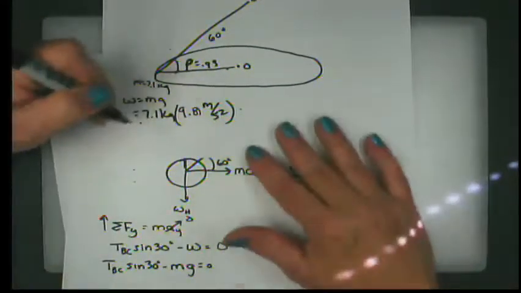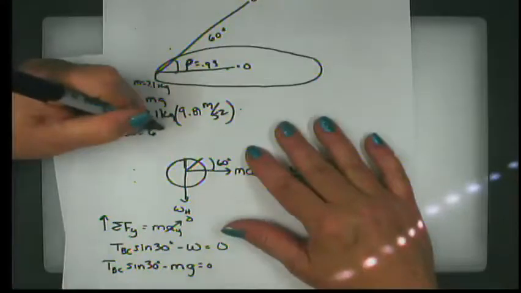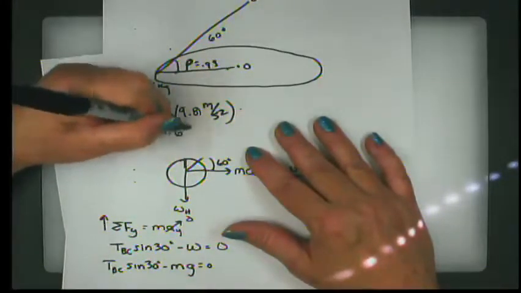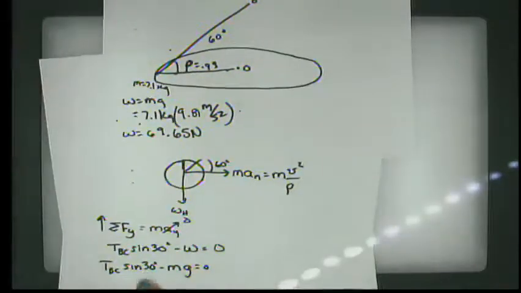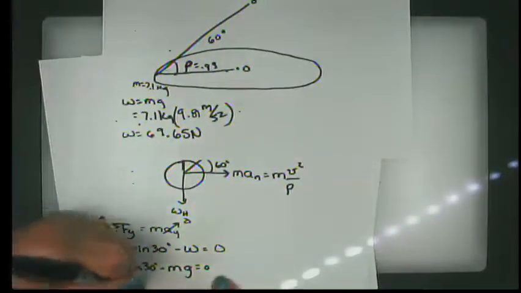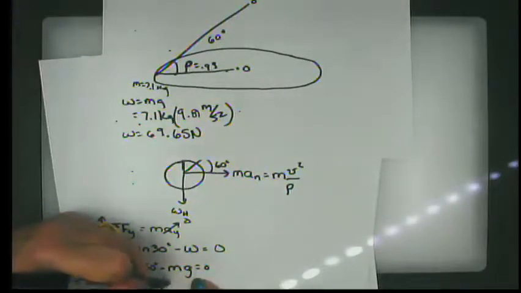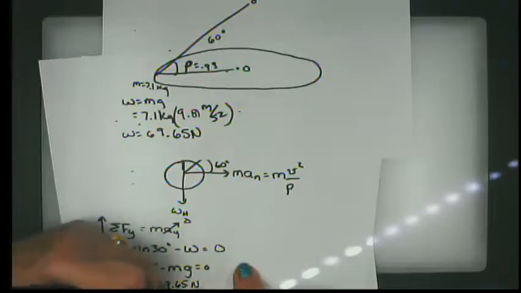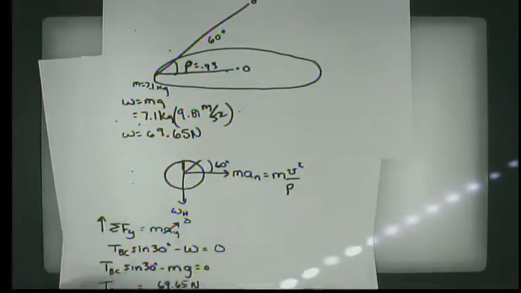Okay, so the weight is 69.65. I'm going to carry out 6.5 for right now. So then we get T_BC equals the weight, 69.65 newtons, divided by the sine of 30 degrees.